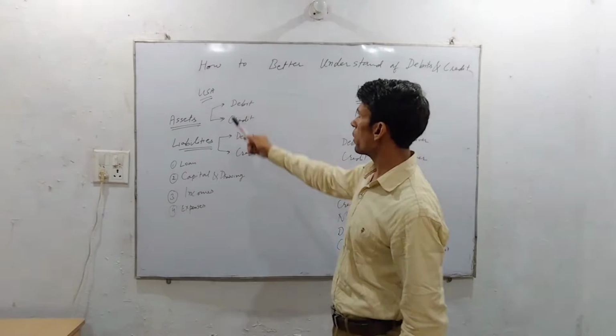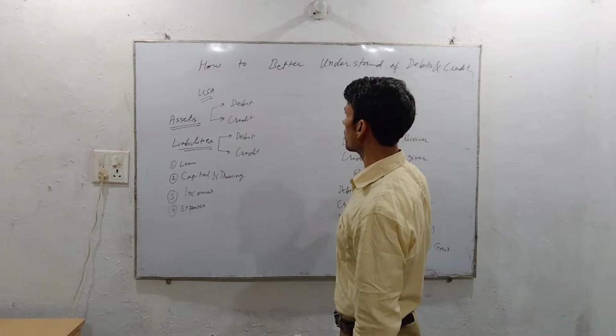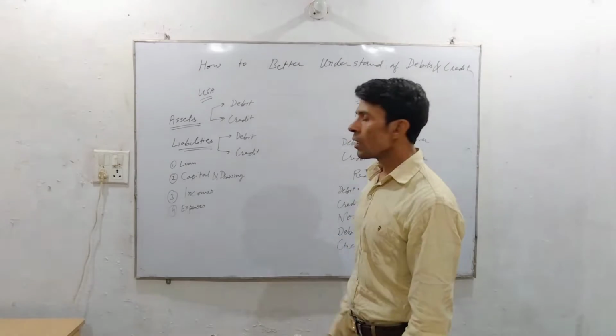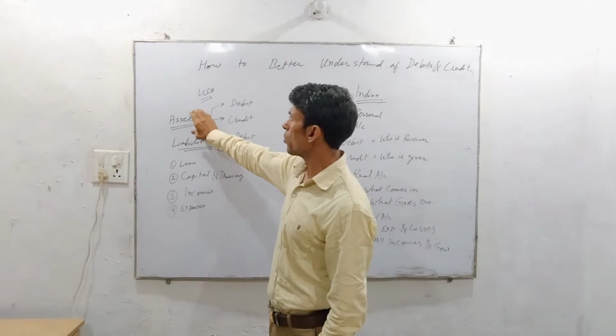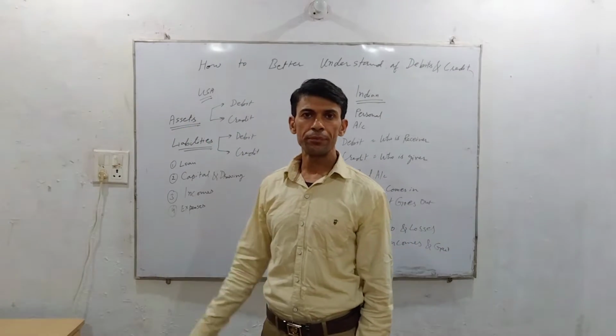You have to understand it in a better way. There are two approaches: one is the US approach and the second is the Indian approach. In the US approach, it is very simple. We focus on assets and liabilities.